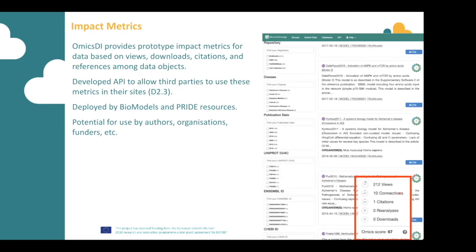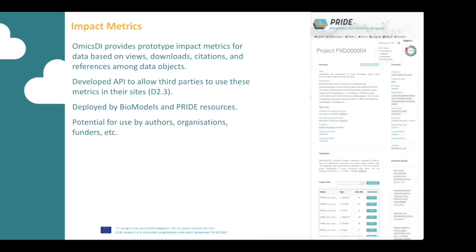And so this rosette is accessible in Model Exchange and was accessible in OmicsDI before, but what we have added is an API which allows to include this rosette in third-party websites.